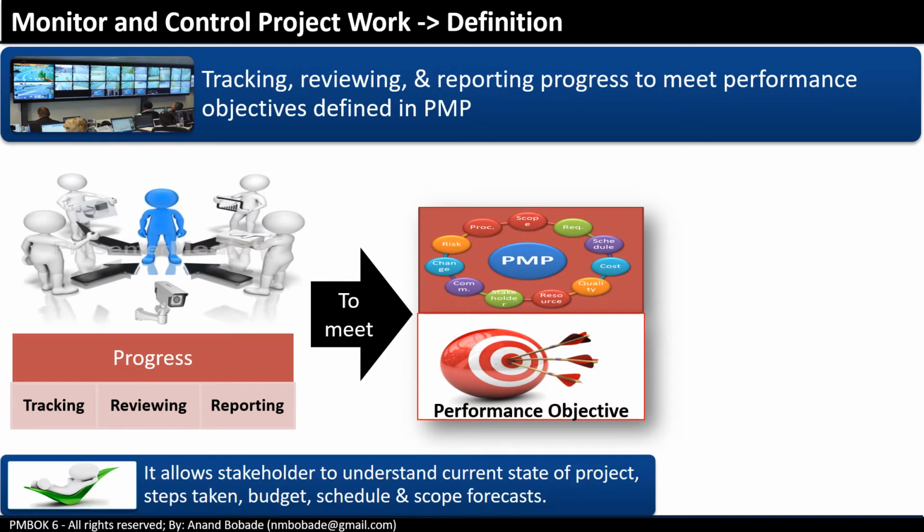It allows stakeholders to understand the current state of the project, steps taken, and budget, schedule, or scope forecast. So if something is going wrong, what is the forecast? Maybe it is good or bad, but management always wants to know the forecast.